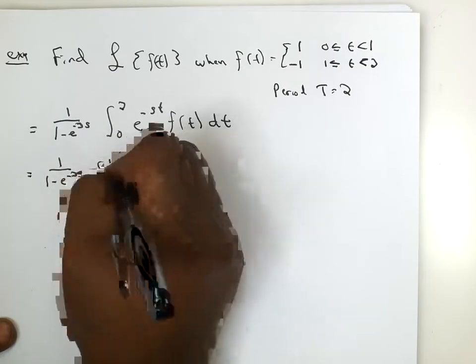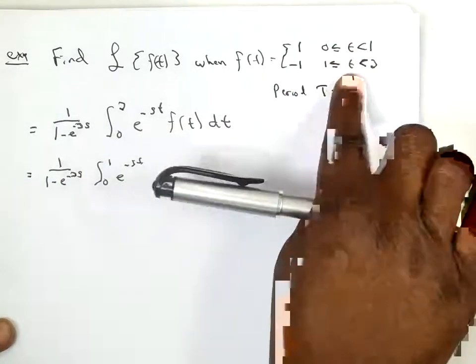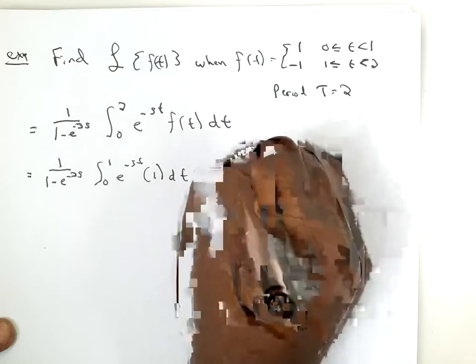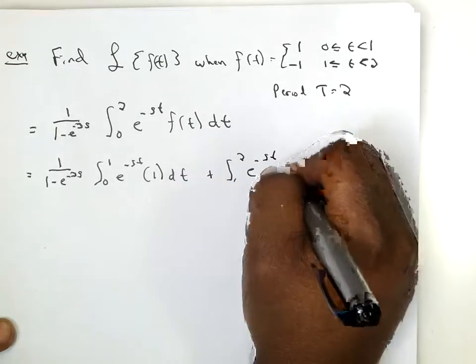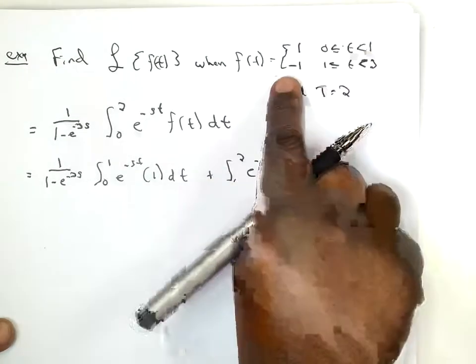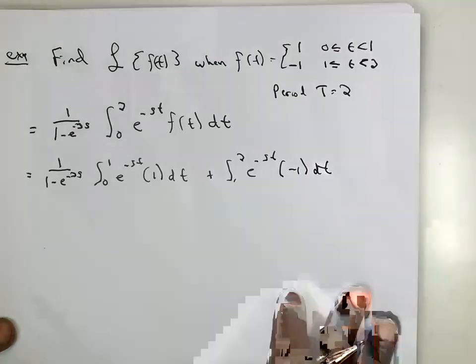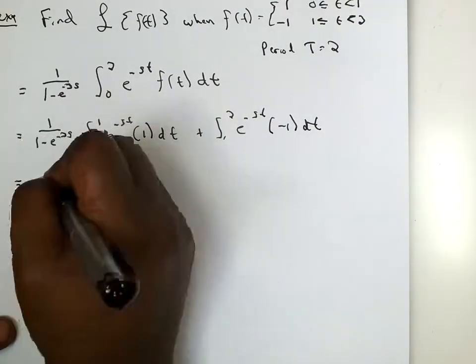So 0 to 1, that f of t is just going to equal 1. And then from 1 to 2, that is going to equal negative 1. So I need to integrate these.